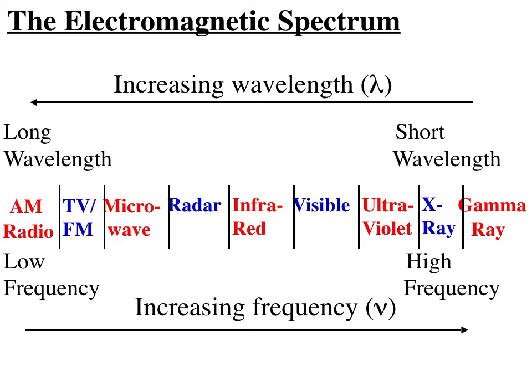But nonetheless, there are well-defined regions of wavelengths, well-defined regions of frequency where we would characterize the electromagnetic wave, even though it's the same thing, by a new name when it's in that particular region of wavelength.